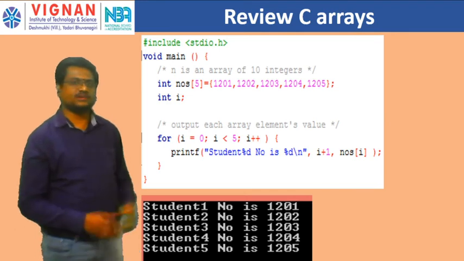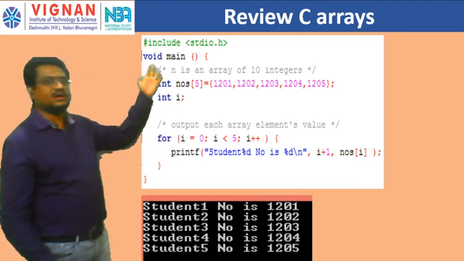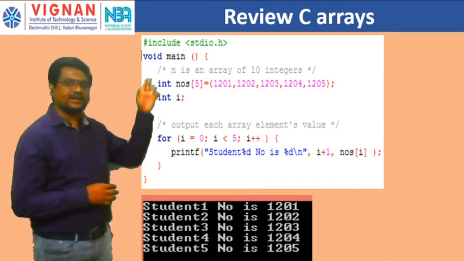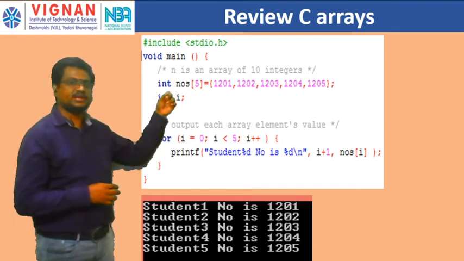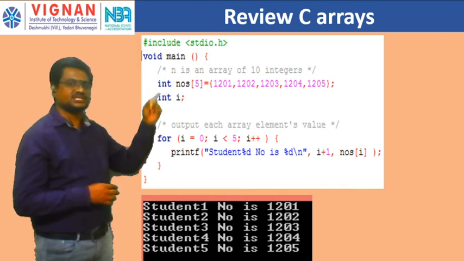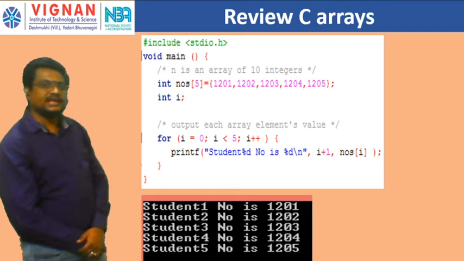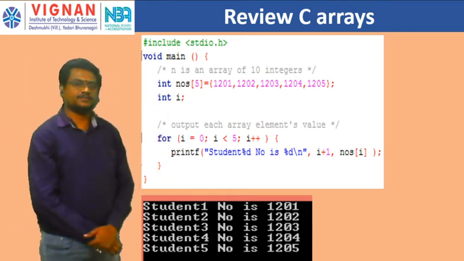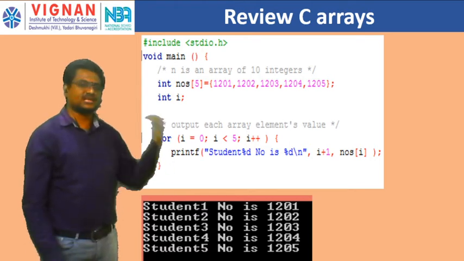So let's see the program. Here you already know the include, that is the library. Now void main, here I created a variable with numbers. I give direct initialization: type int numbers 1201, 1202, 1203, like that. Now I am accessing the values.